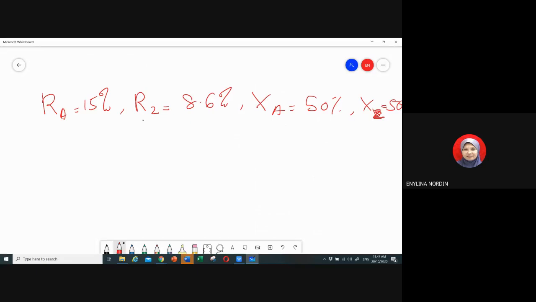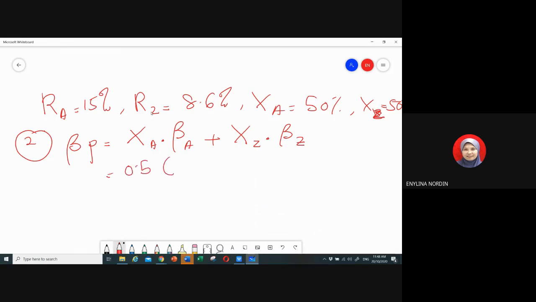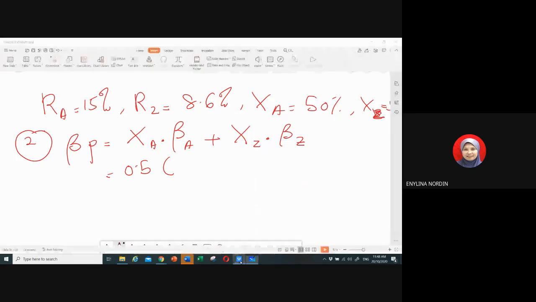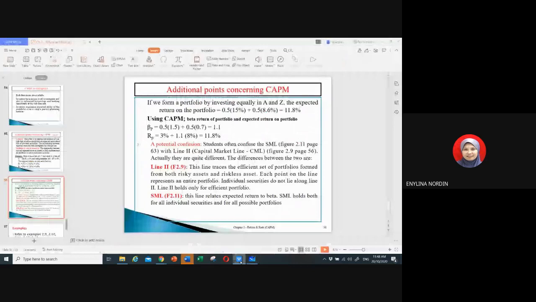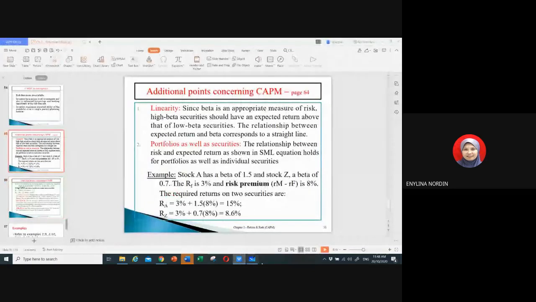The second method means we find the beta of the portfolio first. Beta of the portfolio is weightage in stock A times beta of stock A plus weightage in stock Z times beta of stock Z. So 0.5 times beta of stock A, which is 1.5.